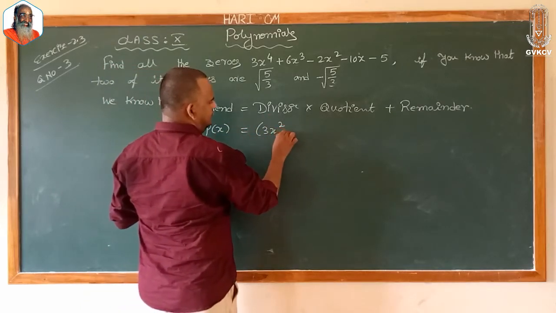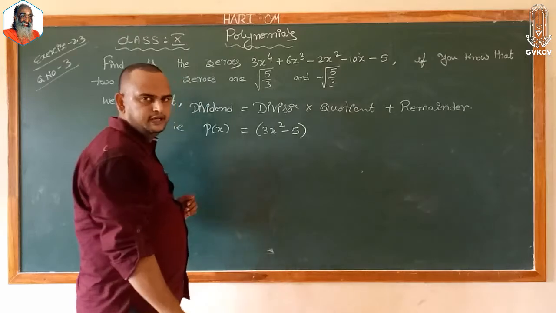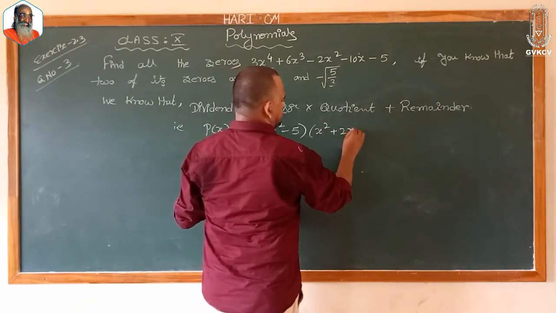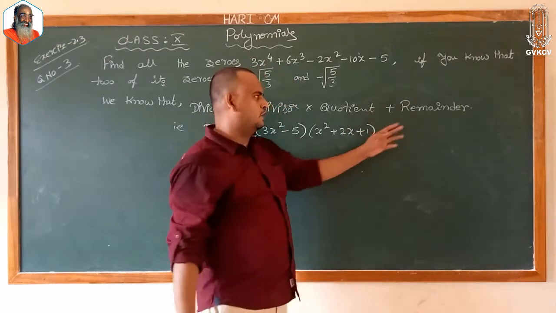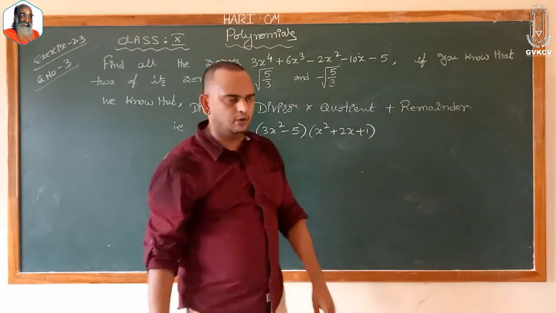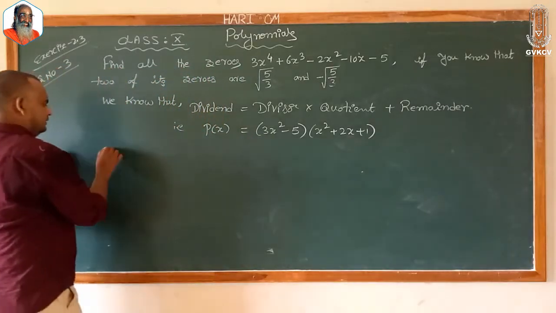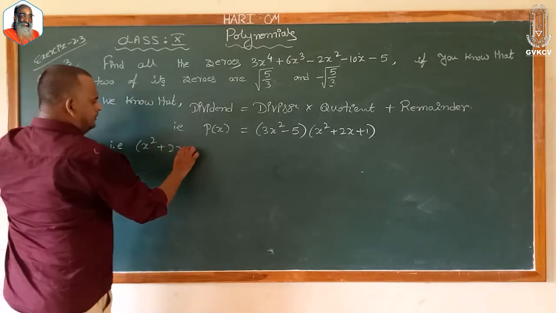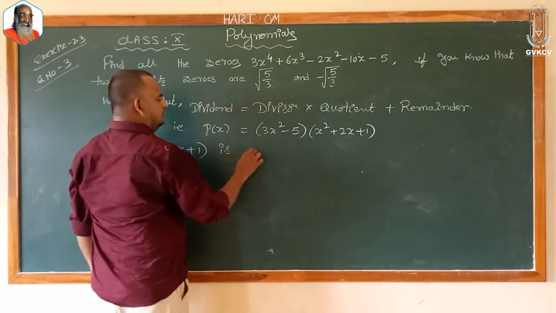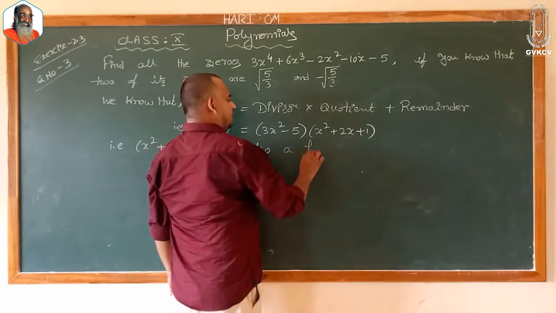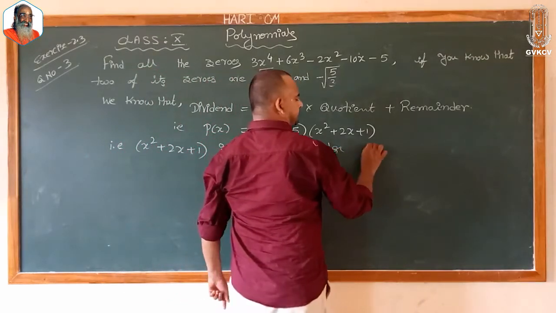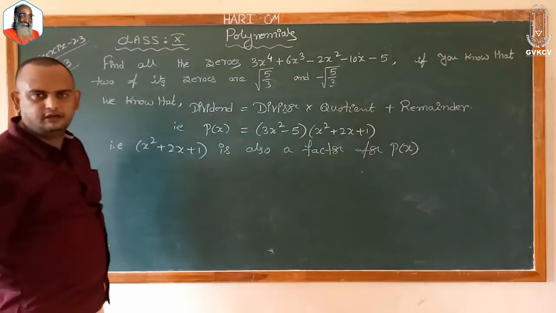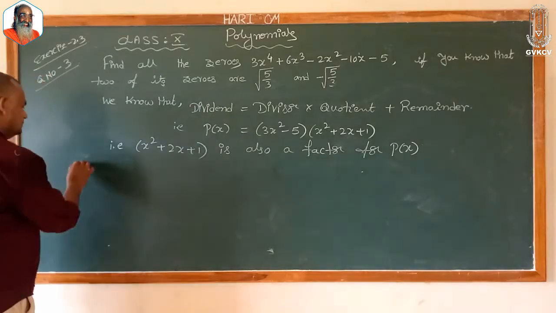What is the divisor? We have 3x square minus 5. What is the quotient? We have x square plus 2x plus 1. What is the remainder? We have 0. No need to write. So from this statement, x square plus 2x plus 1 is also a factor for p of x.